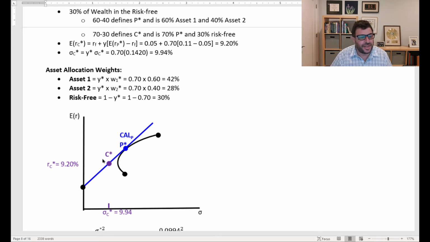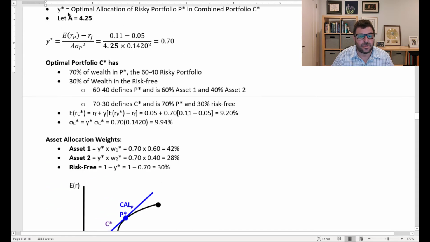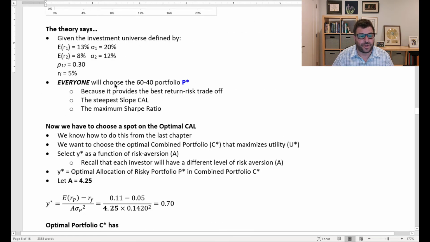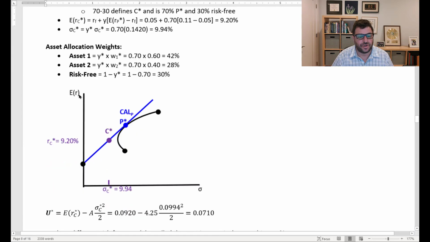And there is nothing else that is available in any combination of these 3 assets that's better than this for this particular investor, defined by this A risk aversion level of 4.25 and this investment universe that's defined by these 3 assets: asset 1, asset 2, and the risk-free.